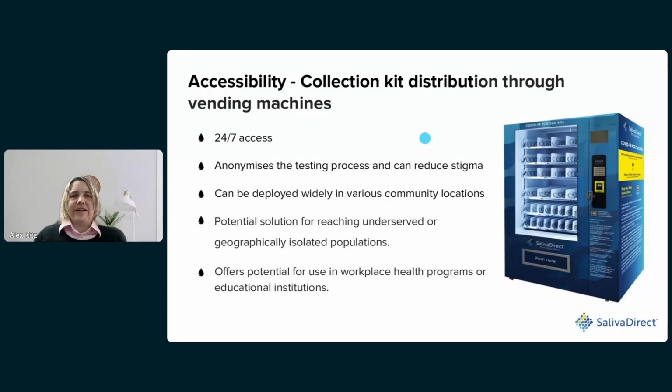They can be deployed widely in various community locations, and there's a potential solution for reaching underserved or geographically isolated populations as well, with strategic distribution of these vending machines. It also offers the potential for use in a workplace health program or educational institutions like college campuses and so on.